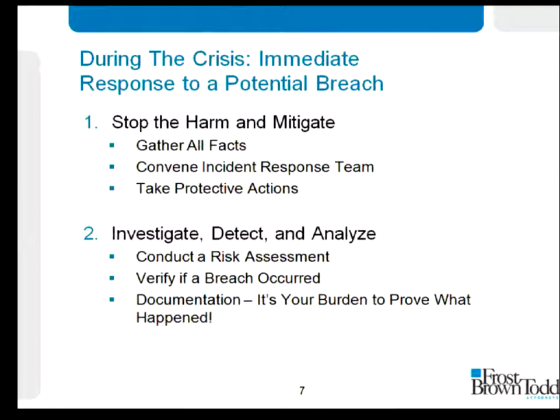So there's a number of things to look at as you apply those facts to the law that's out there. And finally, you have to really document this information, because again, it's your burden to prove whether or not a breach occurred.